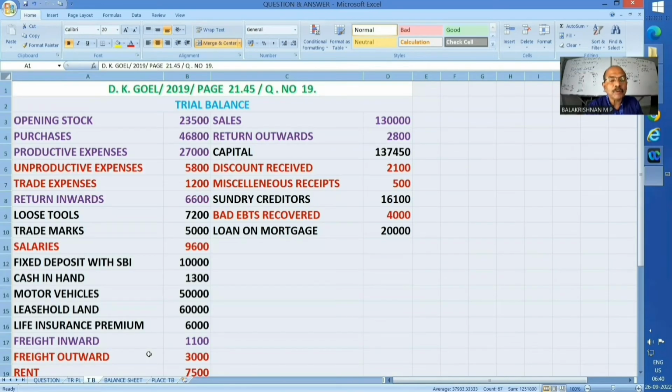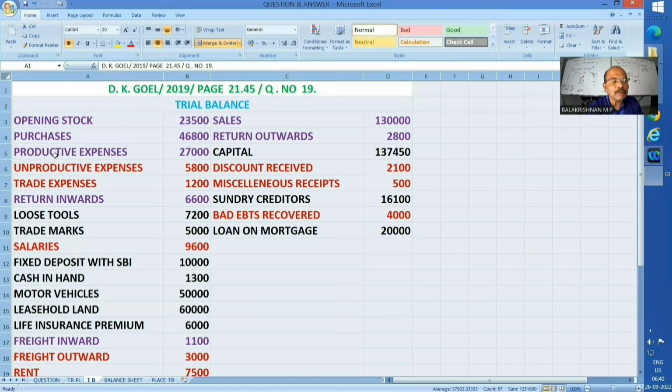Well, I'm not going to pick up each entry and place it in the appropriate section, I mean, the trading account, profit and loss account, and balance sheet. What I have done is that I have colored it. Different colors have been given for the trading account, profit and loss account, and balance sheet.